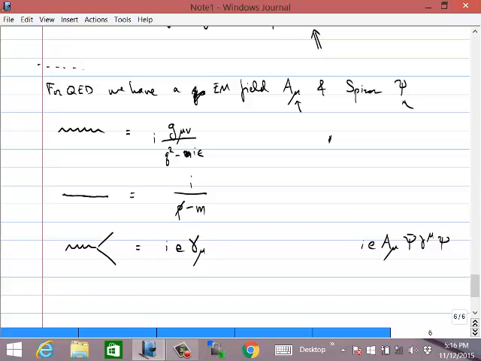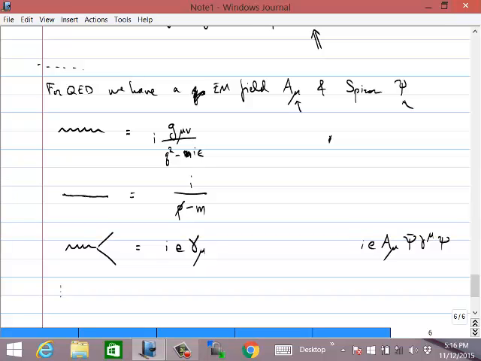Rather than trying to give a complete discussion of the Feynman rules of quantum electrodynamics here, next week I'm going to give you a slightly more systematic derivation of these Feynman rules. But hopefully, given all of the time that we've spent deriving the Feynman rules for scalar field theories, you can see that it's going to follow in a more or less straightforward manner for more complicated theories with spinor and vector fields.